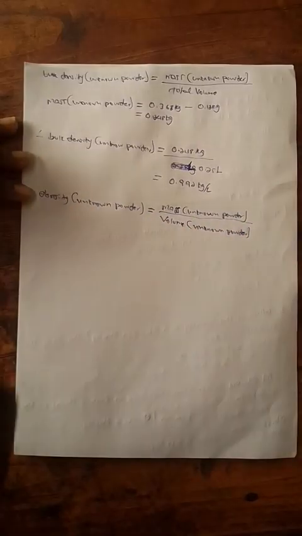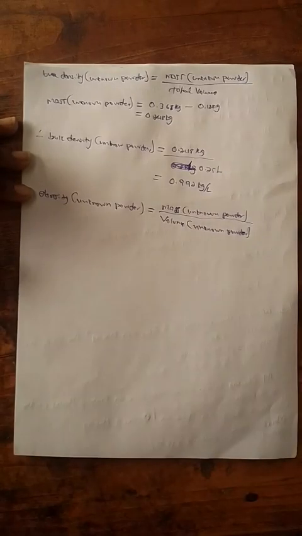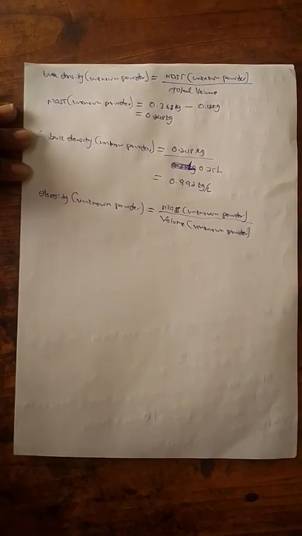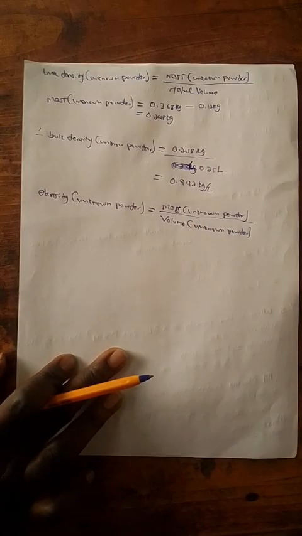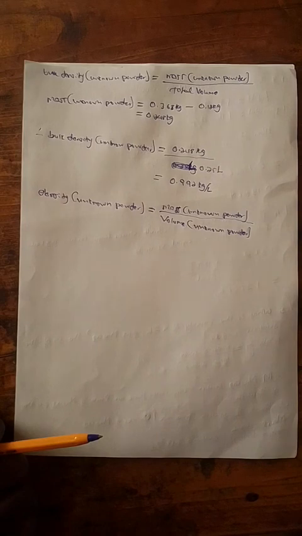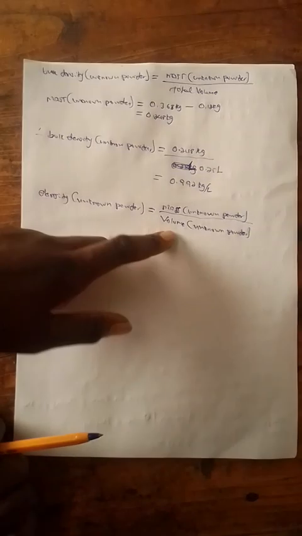This is basically the mass of the unknown powder and the volume that the unknown powder occupies inside the beaker. So the mass of the unknown powder we already know because it doesn't change, it's still 0.248 kilograms.